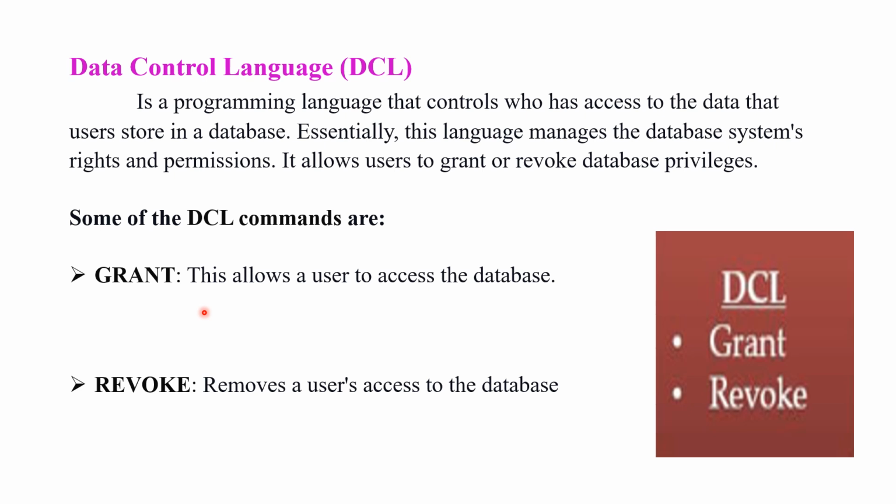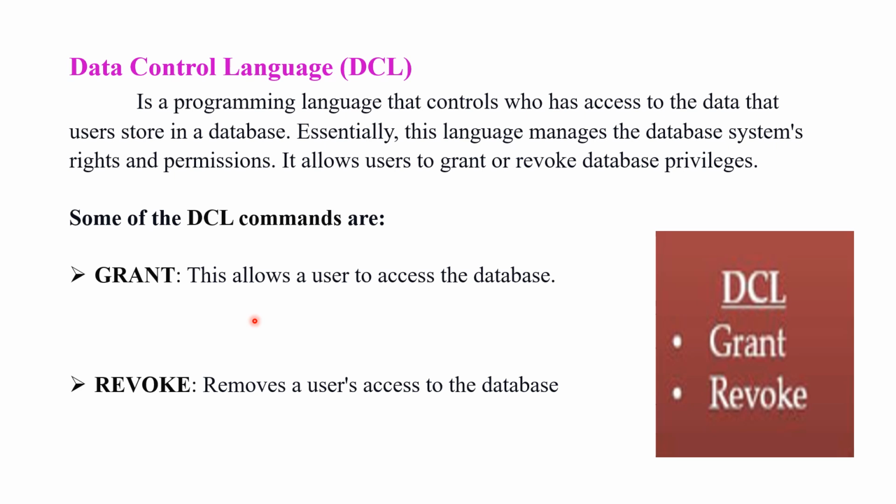So these types of permissions can be given to the user with the help of grant command, and revoke command is used to remove the access for the user. Let us suppose you have given the write permission for the user, and if you want to take away that particular write permission from the user, then with the help of revoke command we can do that.